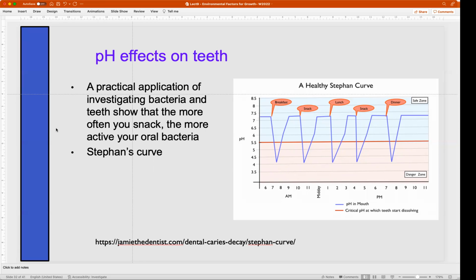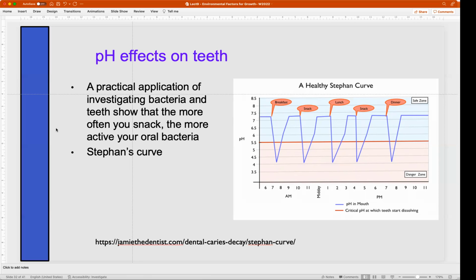This is how cavities form: children or adults eat, bacteria are active, a period of time goes by, you eat again, bacteria are active again. This is referred to as a Stephan curve, where when they're active, they're generating acid, and then they become inactive.